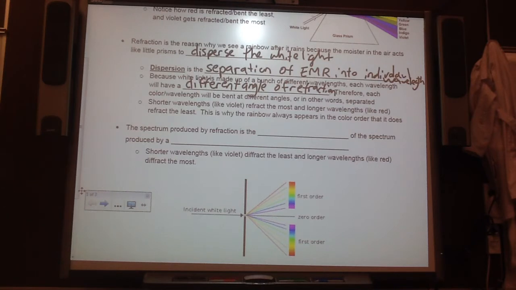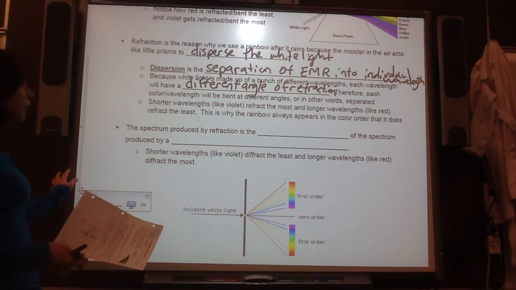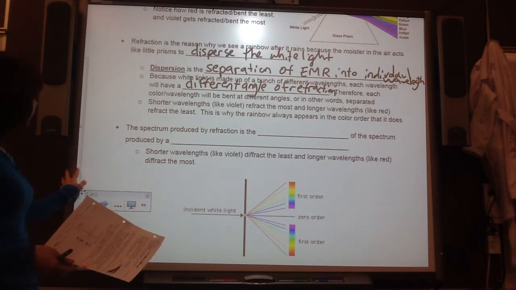Therefore, each color or wavelength will be bent at different angles, or in other words, separated. Shorter wavelengths, like violet, refract the most, and longer wavelengths, like red, refract the least, just like you put in your paper. This is why the rainbow always appears in the color order that it does.